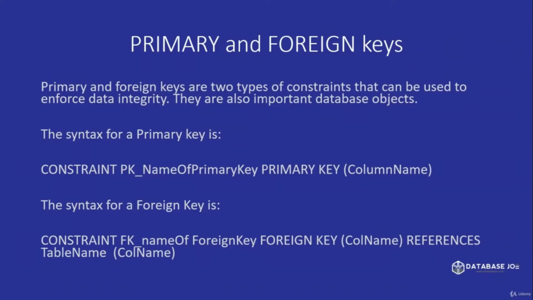Most tables in a database typically have a column or combination of columns that contain values that uniquely identify each row in the table. For example, in our database, the clothing store, we have an orders table with an order ID column. This column needs to be unique because we don't want two orders having the same ID.